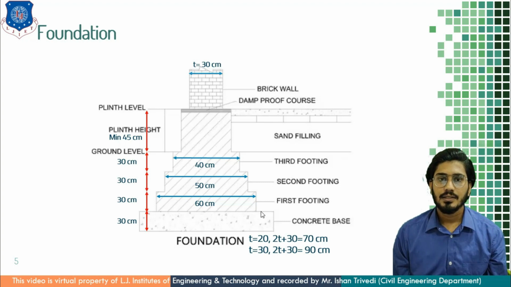Above that first footing, a projection of 5 centimeter from either side will be cut and the second footing will be done, that is of 50 centimeter, and the next stage, the third footing, is placed, that is of 40 centimeter. In this case also 5 centimeter from either side has been reduced, and ultimately you will reach the thickness of the main outer wall, that is 30 centimeter.